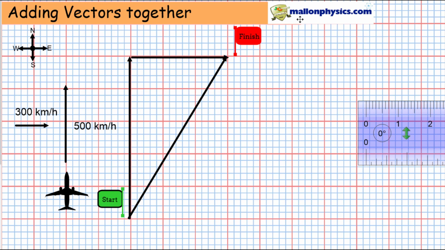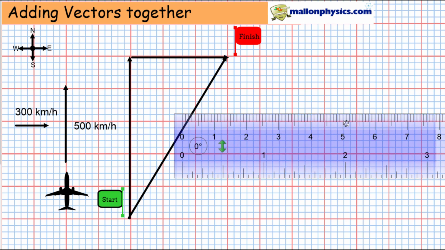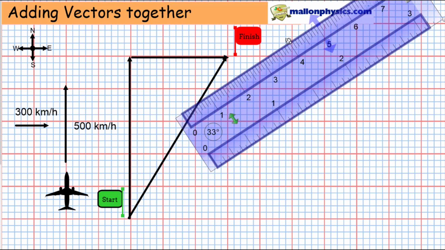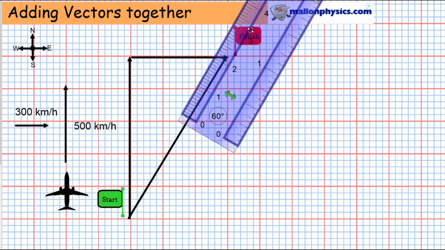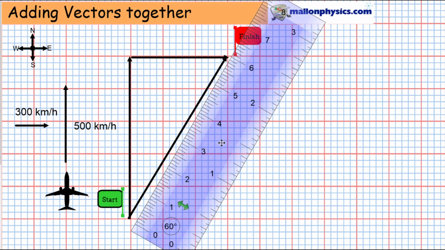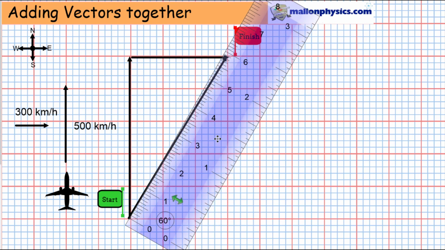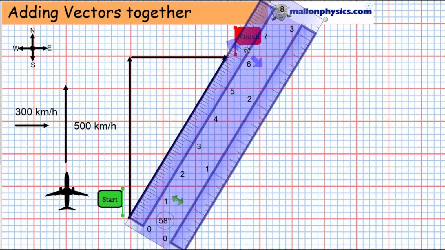So all I have to do now is measure the length of that and measure the angle from north, and I have the resultant vector. So we'll measure the length of it first of all. To measure the length of it, I arrange my ruler like that, make it parallel to it, and move my ruler down, put it onto the start, and give it one wee turn round to about here.